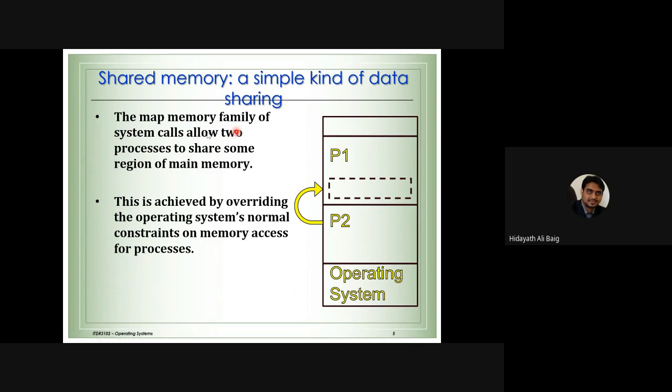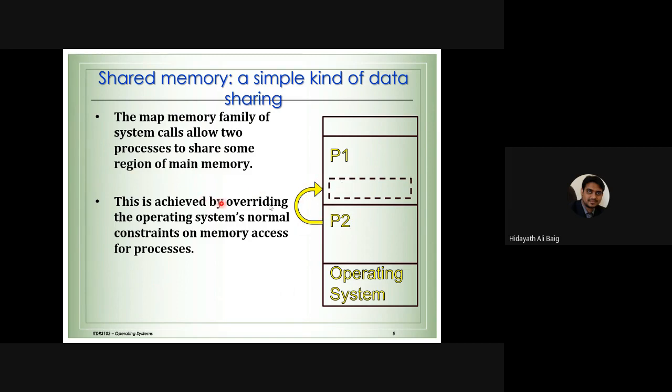A memory map family of system calls allows two processes to share some region of the same memory. So there are some system calls which are related to the memory. The memory map family of system calls allows two processes to share some region of main memory like this.